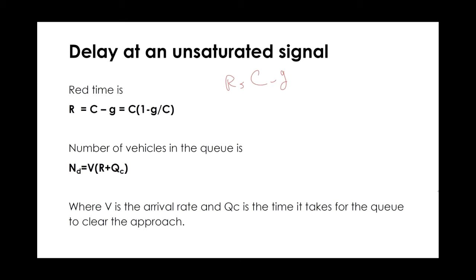And then I can rewrite this as C times (1 minus G over C), right? It's just a different way of rewriting. So I have the red time here as a function of the cycle length and G over C. Sorry, again, this is not G over C. Yeah, that's G over C, yes.